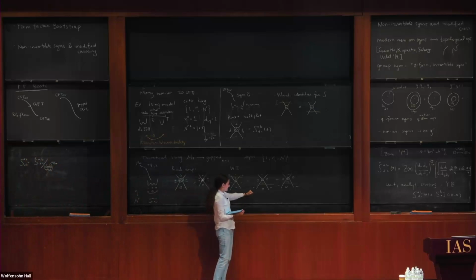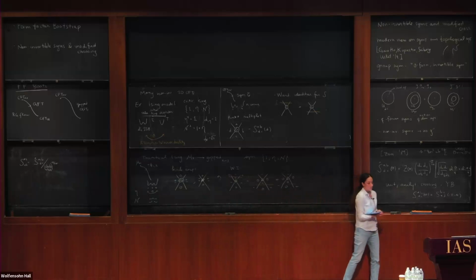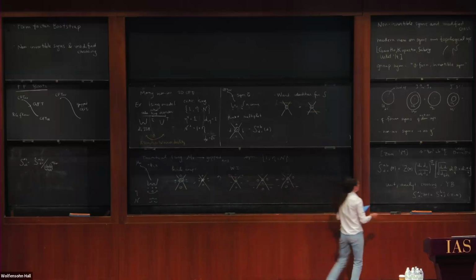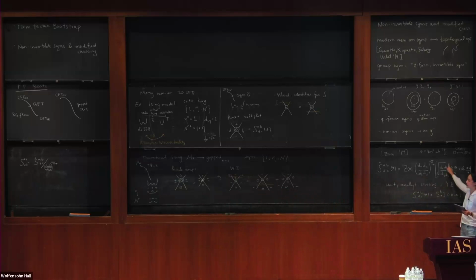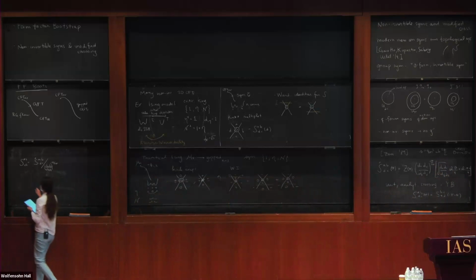Okay, it satisfies this Ward identity, but as you can see easily, because of this crossing relation, you pay this factor here when you do crossing. So it satisfies everything, but you need to modify crossing.